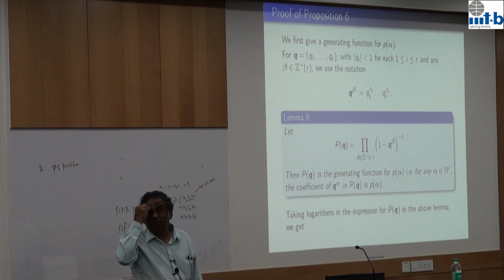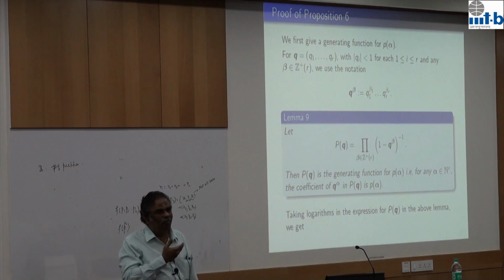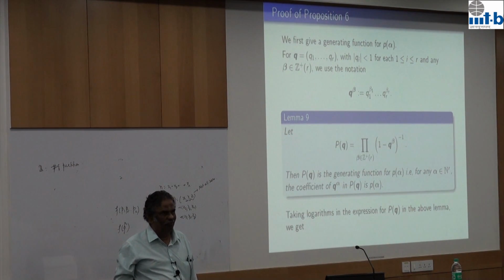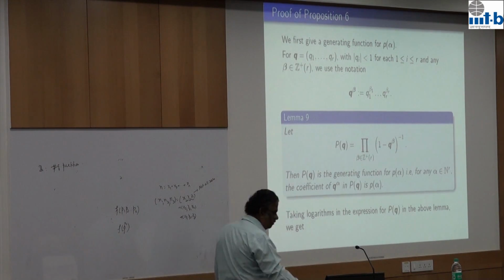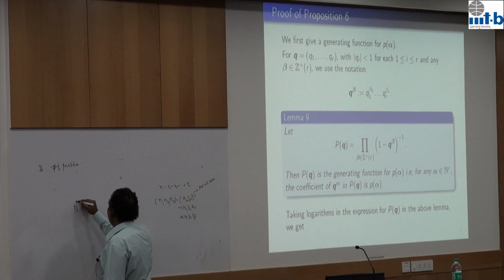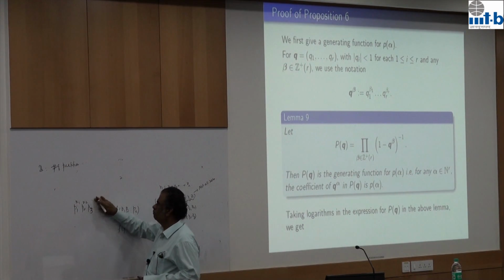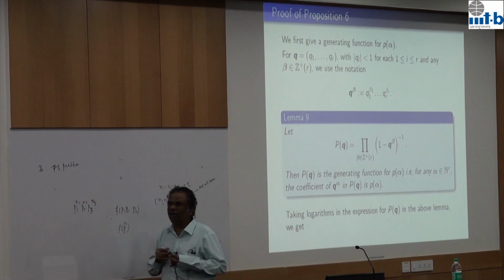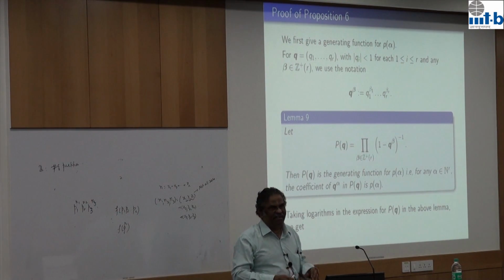And finally, the question really boils down to how many ways this can be done, because that is exactly the question you are asking. Suppose you are looking at the number p1 power n1, p2 power n2, p3 power n3, and you are interested in knowing how many ways it can be factorized.